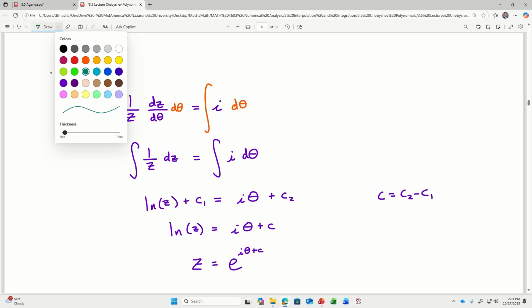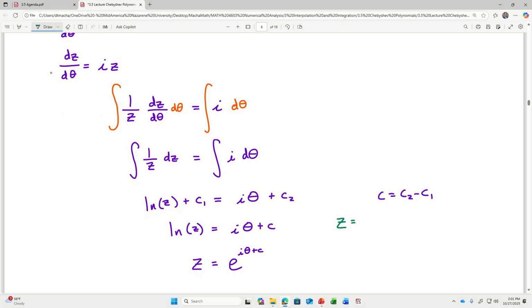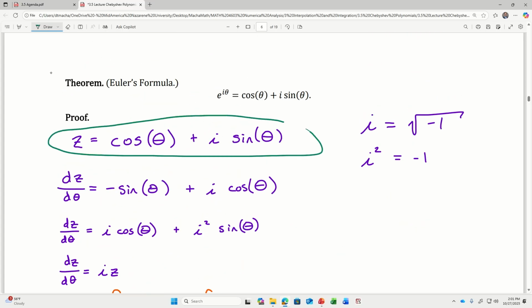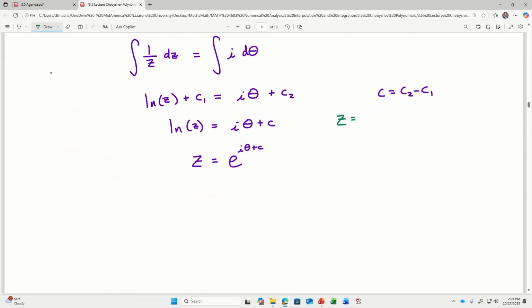What I know is z, as we defined it in the beginning, is cosine of theta plus I sine of theta. And so what would be z if I set theta equal to 0? Then z would be cosine of 0, 1, plus I times what's sine of 0? 0.